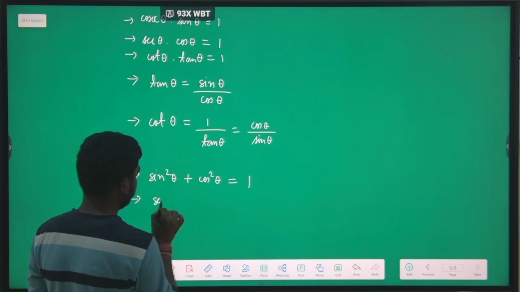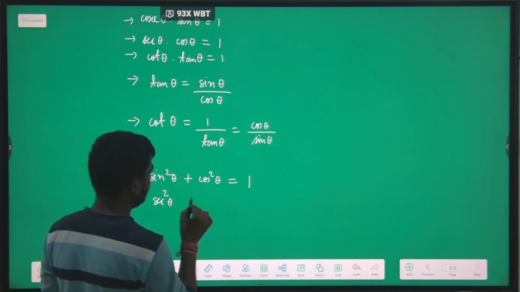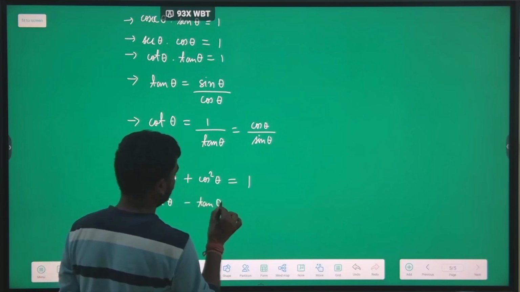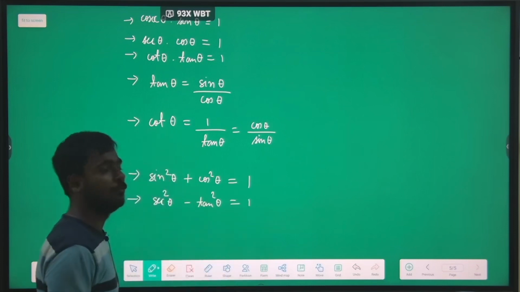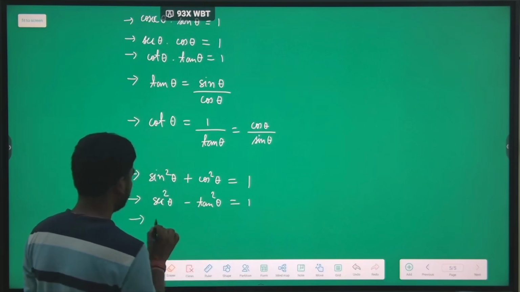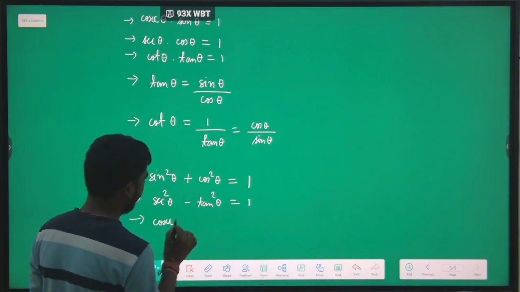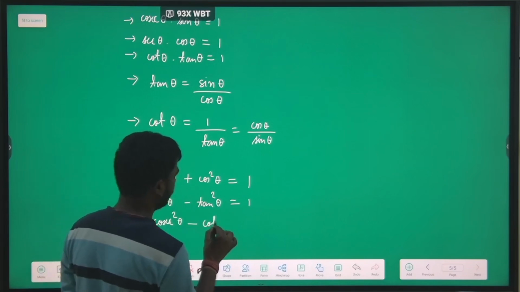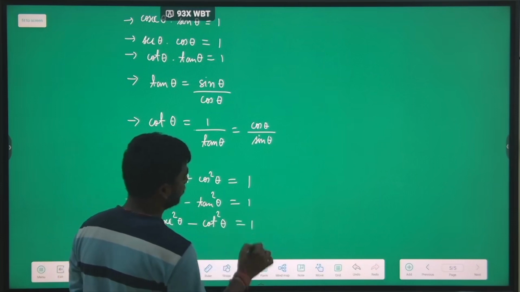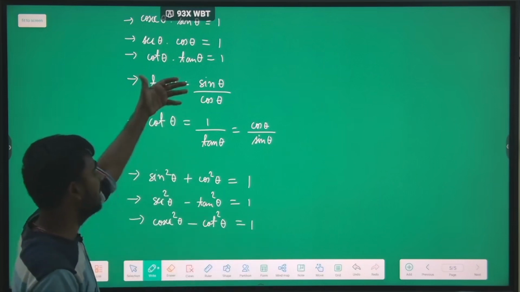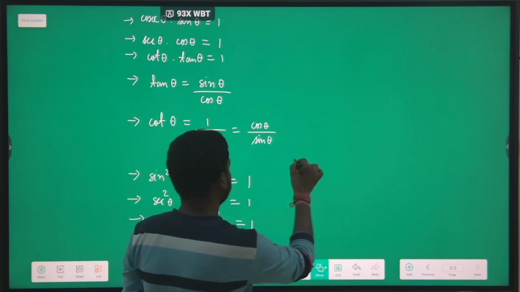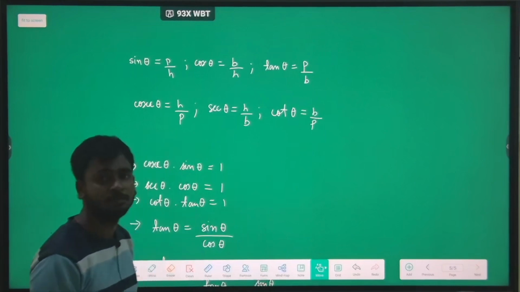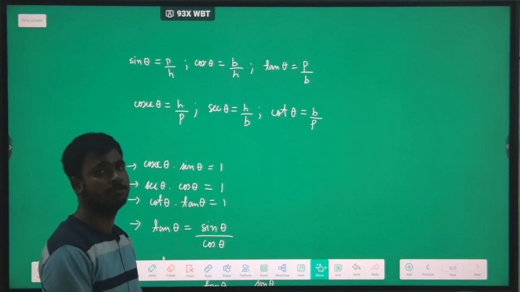Similarly, secant of theta to the power 2 minus tangent of theta to the power 2 is always equal to 1. Similarly, cosecant of angle theta to the power 2 minus cotangent of theta to the power 2 is always equal to 1. So, we have learned these things in this chapter. By using these things, we will solve our question of this chapter.